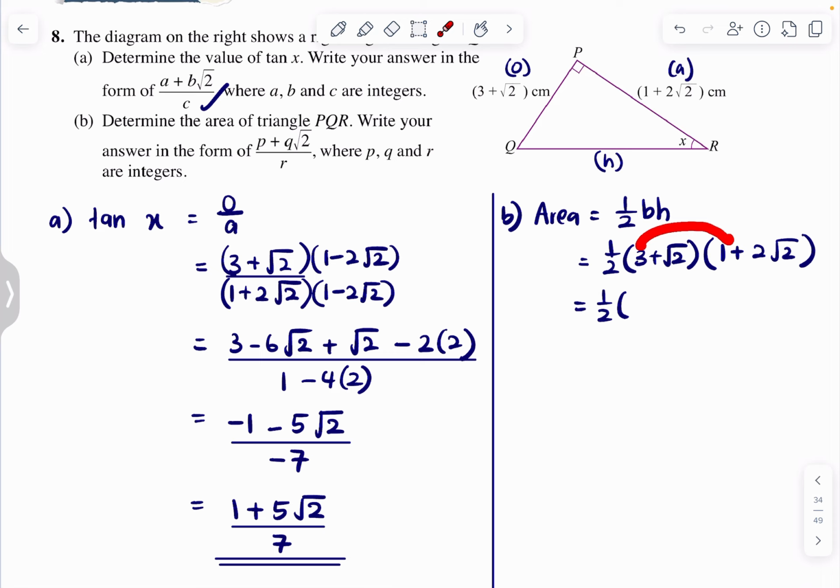So 3 times 1 is 3. And then 3 times this will be 6√2. Then this will be √2. And then this will be 2 times √2 times √2, which is just 2 times 2.